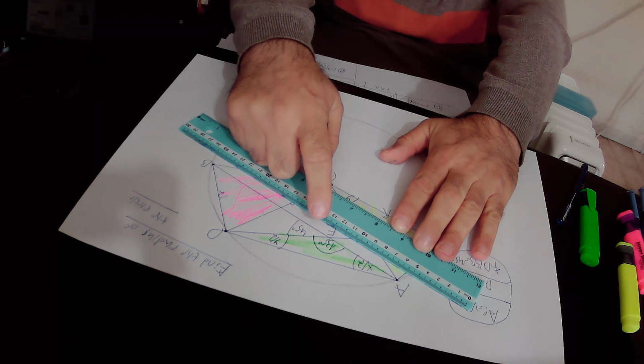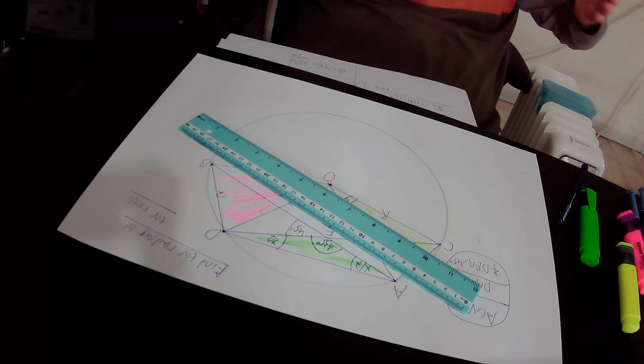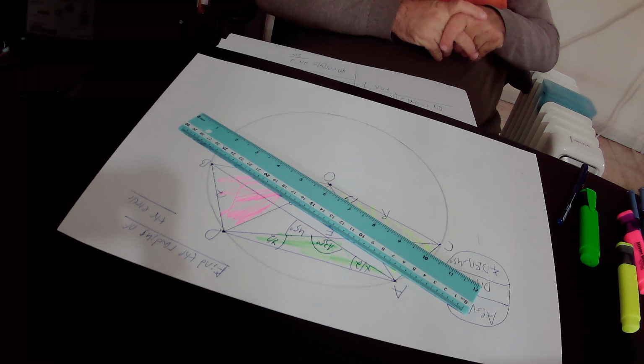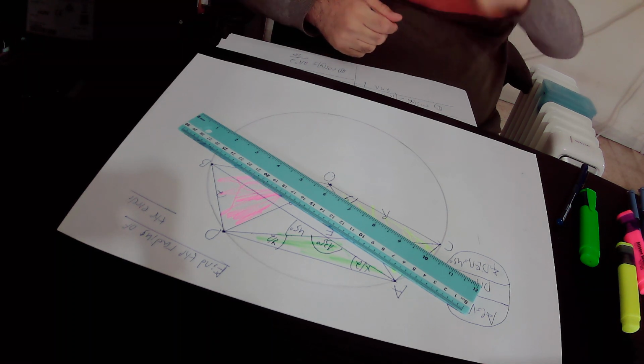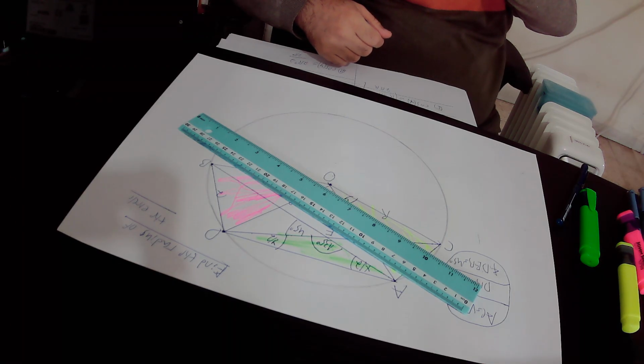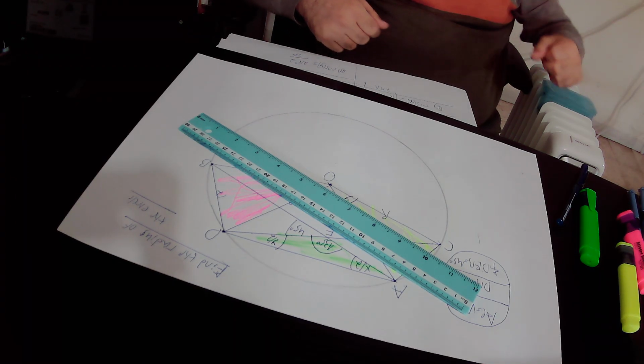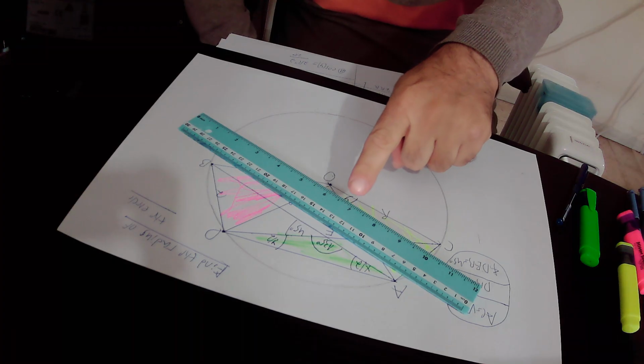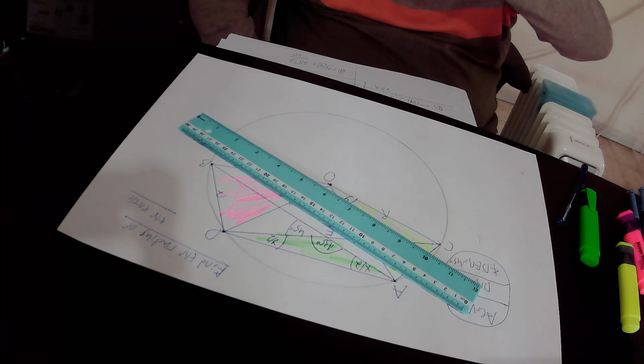So the missing angle must be equal to 135 degrees. According to the rule, the sum of the angles on the upper side of the straight line must be equal to 180 degrees. So 45 degrees plus 135 degrees equals 180 degrees, exactly according to the rule that I mentioned, rule number 1.